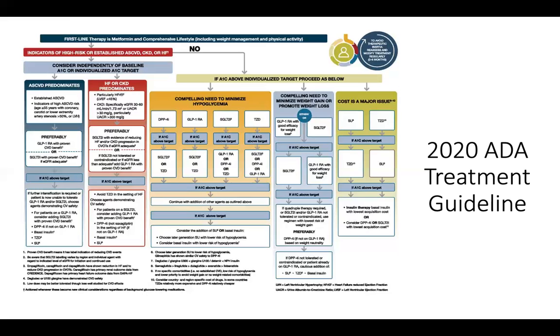But if your patient doesn't have any underlying cardiovascular or chronic kidney disease issues, and maybe they only have diabetes and hypertension, then you can really select any of the other agents as your second line or third line. It is, however, important to keep in mind the other factors such as hypoglycemia, weight gain, or cost concerns when selecting an agent for your patient.